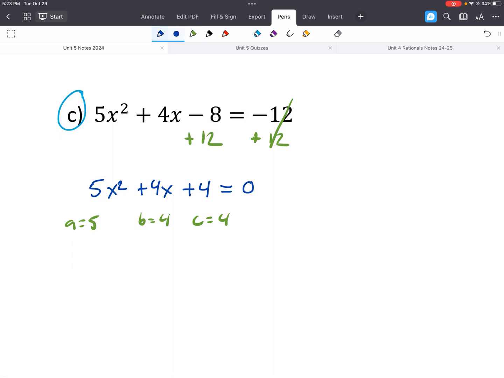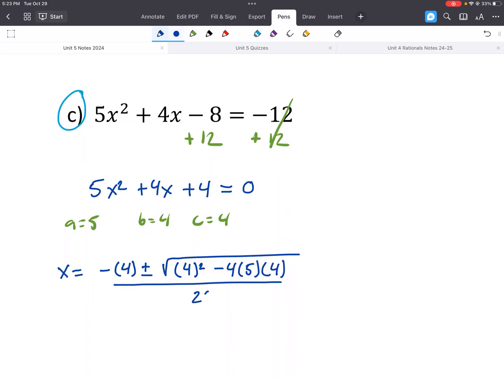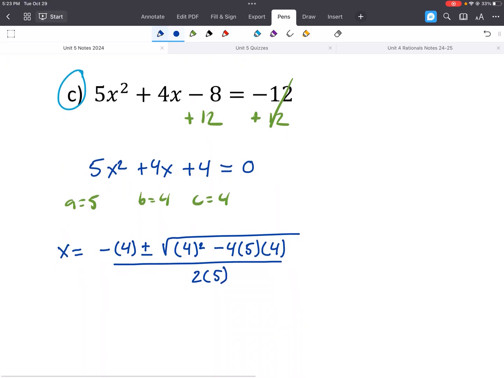Plug it into the quadratic formula. x equals negative b plus or minus the square root of b squared minus 4ac all over 2a. Okay, so we plugged it all in.